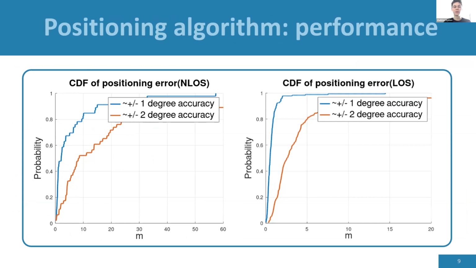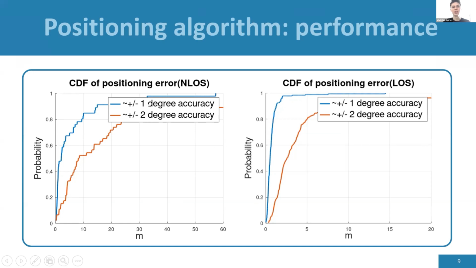On this slide, you can see positioning error for both LOS and NLOS cases after weighting with the proposed approach. In the LOS case, accuracy for ±1 degree synchronization of an antenna panel is about 1.3 meters at 90% probability.